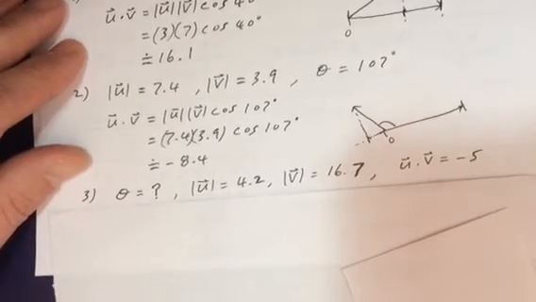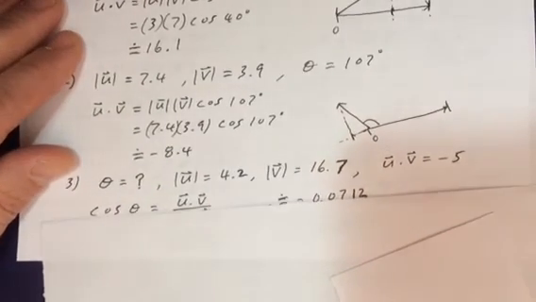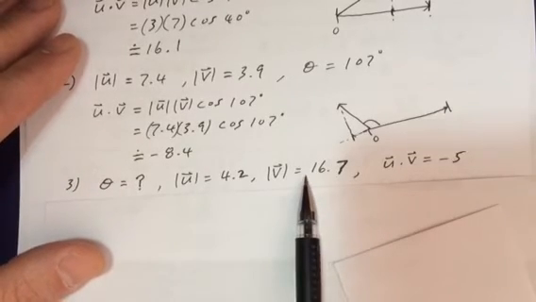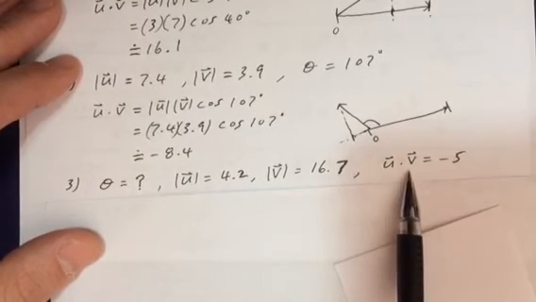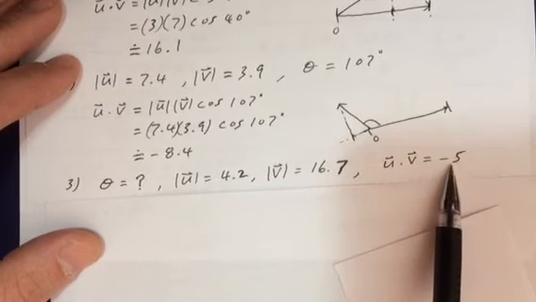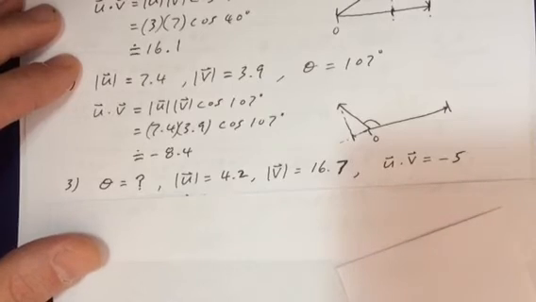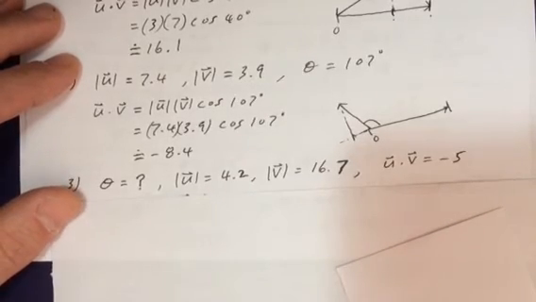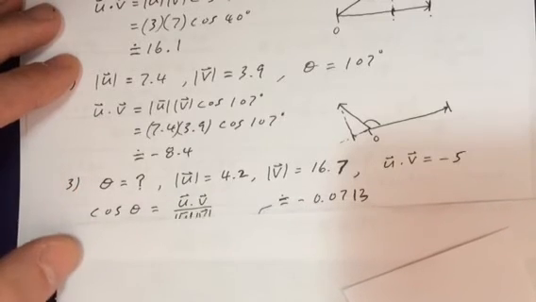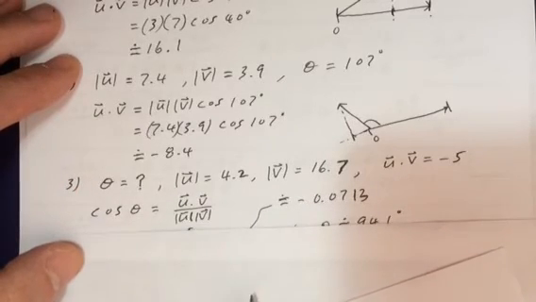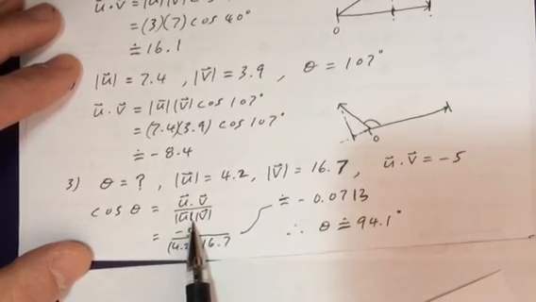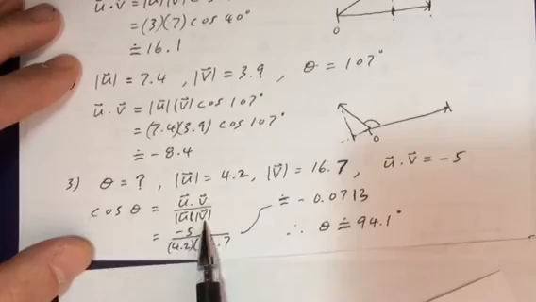Okay. What if you want to find the angle? Say you're given the magnitude of the two vectors and you know their dot product. The dot product's negative. So that should give you a clue that the angle between them is going to be greater than 90 degrees. So cos theta is u dot v over the magnitude of u times the magnitude of v.